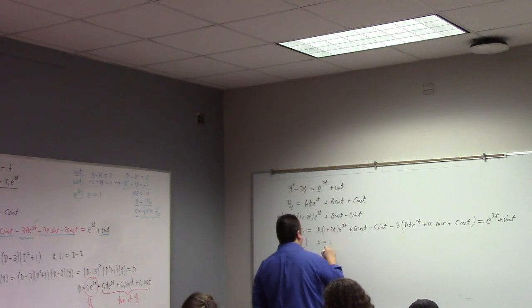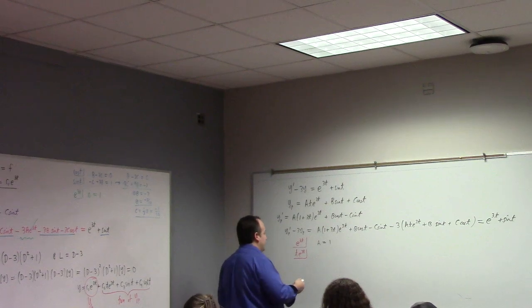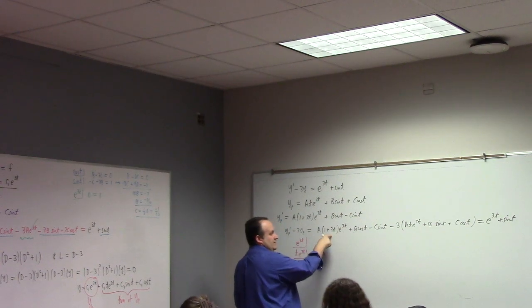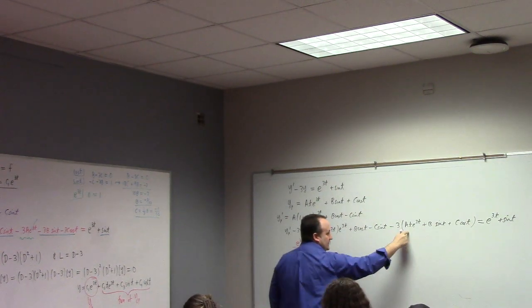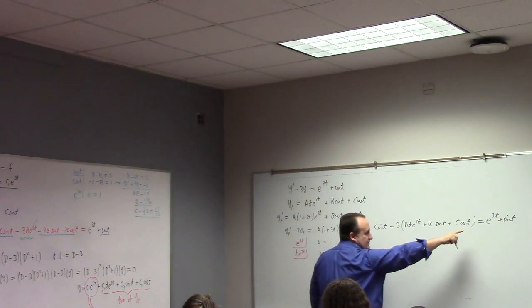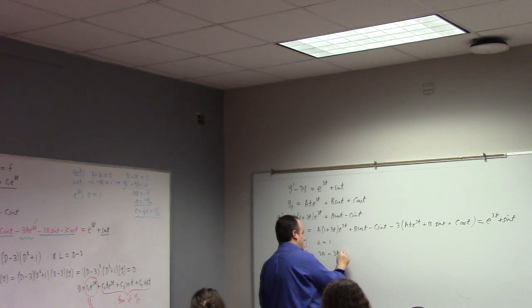Well, all right, A is 1, great. The t e to the 3t is more interesting. We get a 3a here from this term, right? But then we get minus 3a over here. How many t e to the 3t's over there? 0. So, yay.